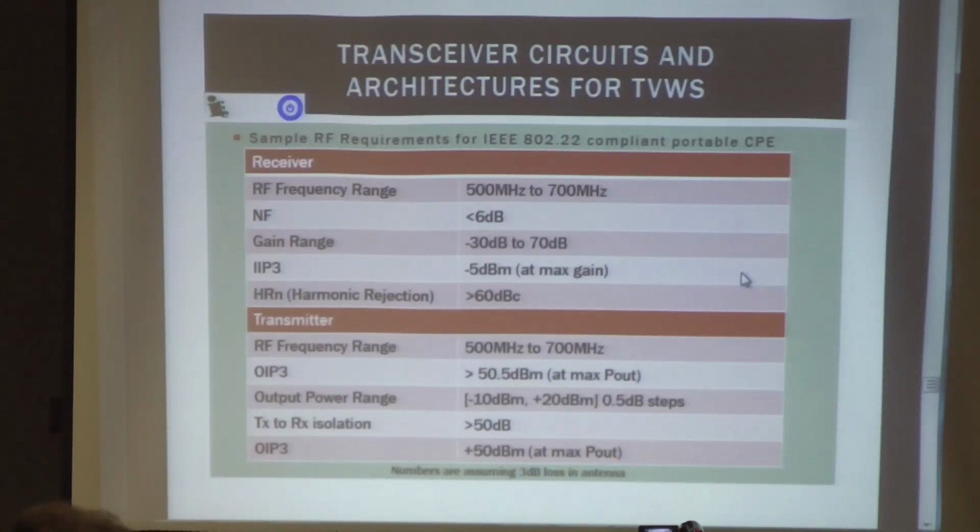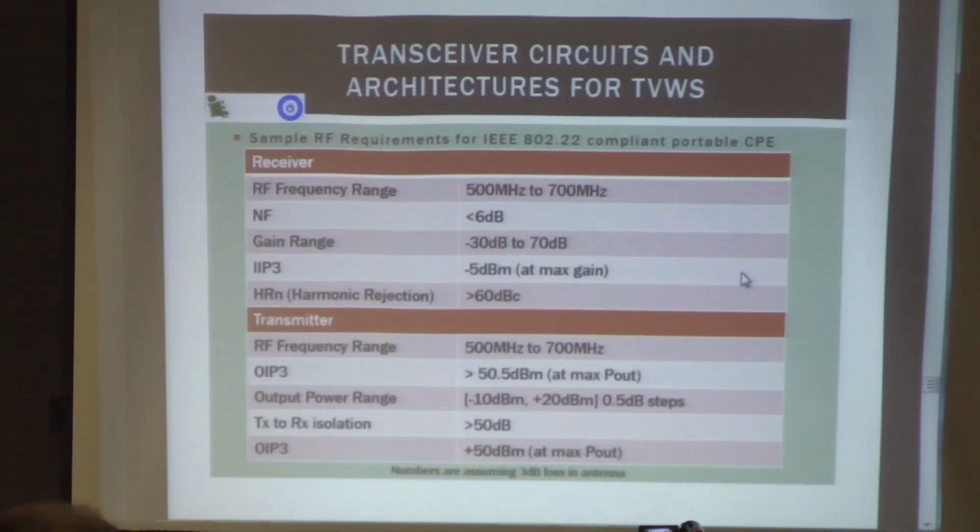These harmonics can downconvert a blocker in, say, the cellular band or Wi-Fi band onto your receiver. So you need some sort of harmonic rejection built into your receiver as well.